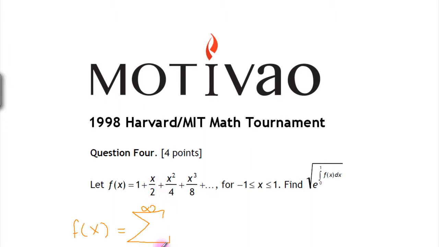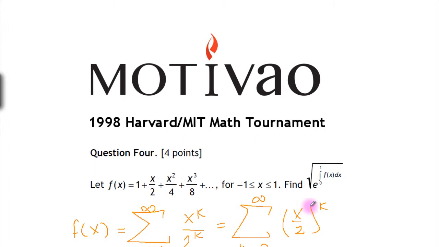So k starts at 0 of what? Well, like we said, x to the power k over 2 to the power k. Now let's simplify this a little bit. X over 2 to the power k.